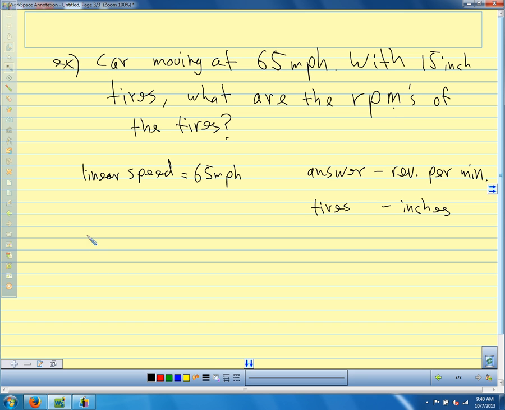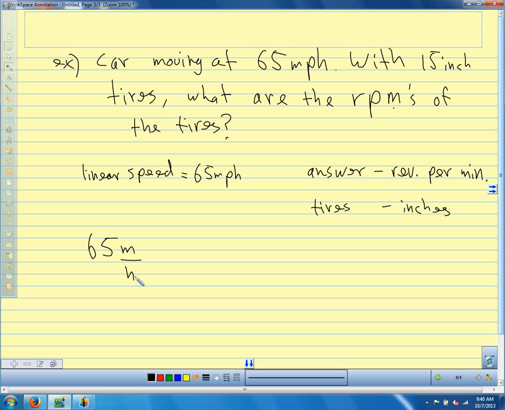So we need to do this conversion. I'm going to write it as miles per hour. How are we going to convert? Let's do the miles to inches first. How can we convert from miles to inches? Convert it to feet.